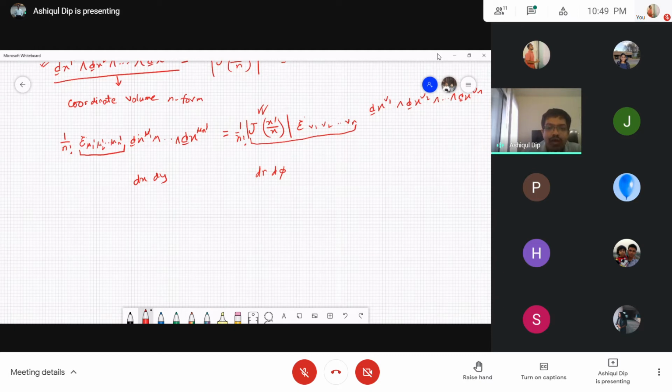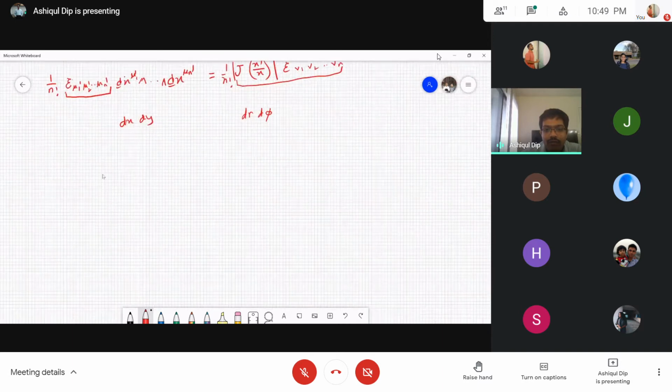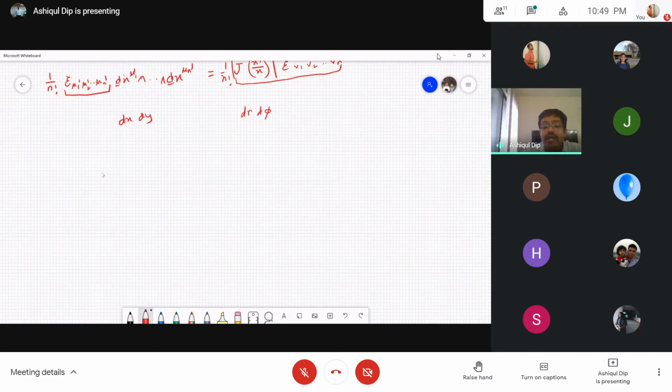So we are going to define a really important quantity, that is the determinant of a metric tensor. The determinant of a metric tensor could be positive or negative depending on the signature of the space. The signature of a space means, when you look at the diagonal components, how many have a negative sign versus how many have a positive sign.